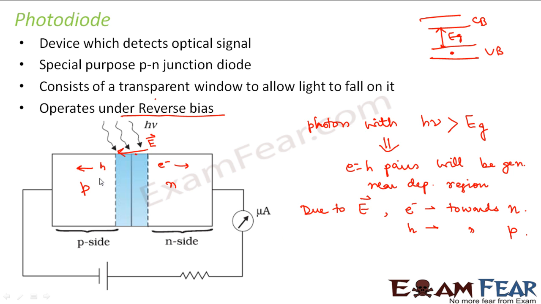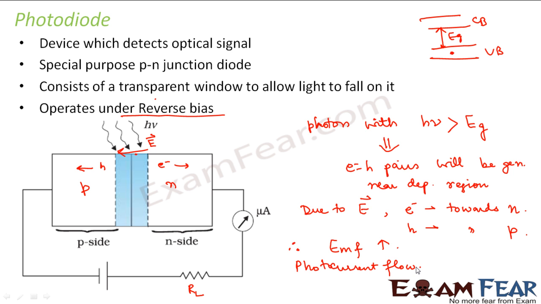So what will happen? N region already has more electrons when compared to P. Now even more electrons are coming into the N region. Therefore, the EMF between the N side and the P side increases. So when we connect an external load, as you can see here, if we connect both these ends, because the EMF across both these ends increased, now we connect an external load, so what happens? Photocurrent flows.